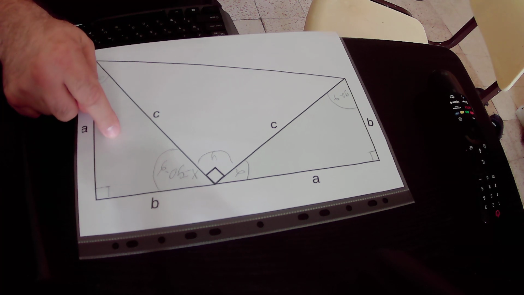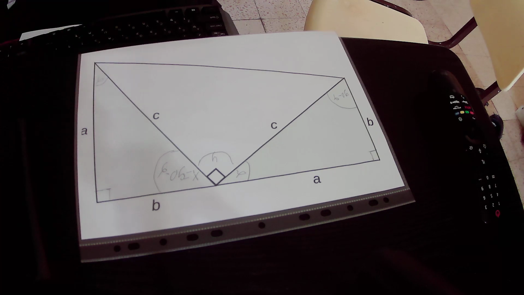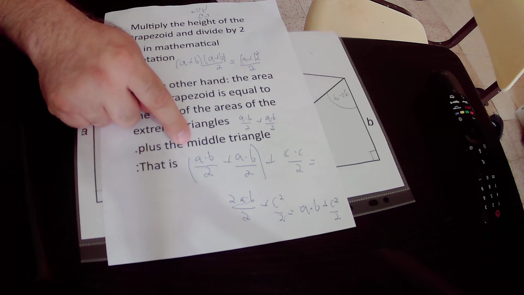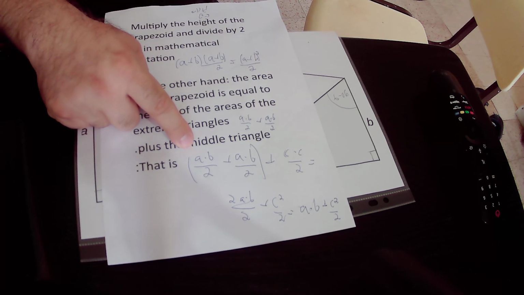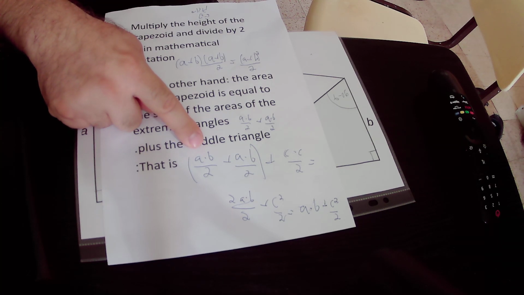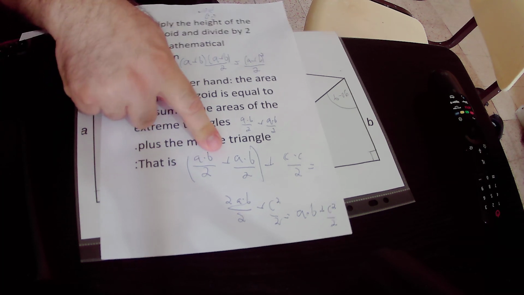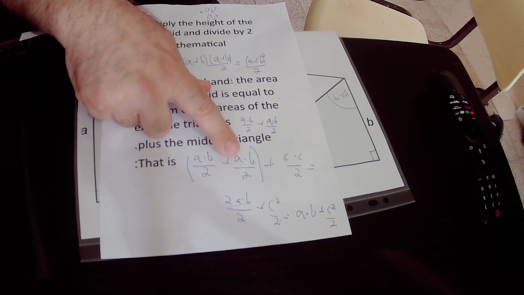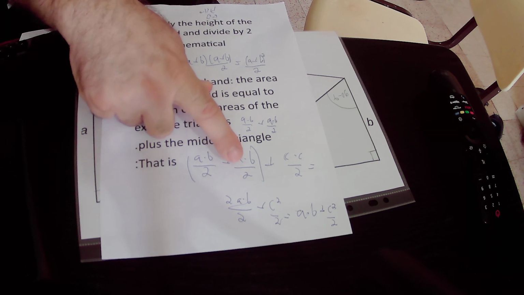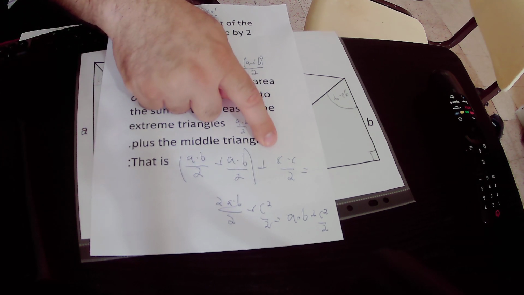And the area of this triangle is A times B divided by 2. So the sum of the areas of the three triangles is A times B divided by 2 plus A times B divided by 2 plus C squared divided by 2.